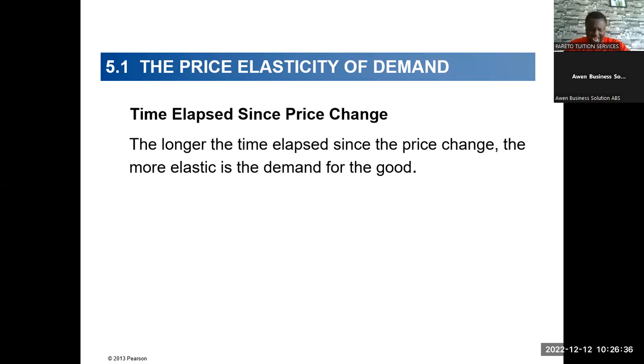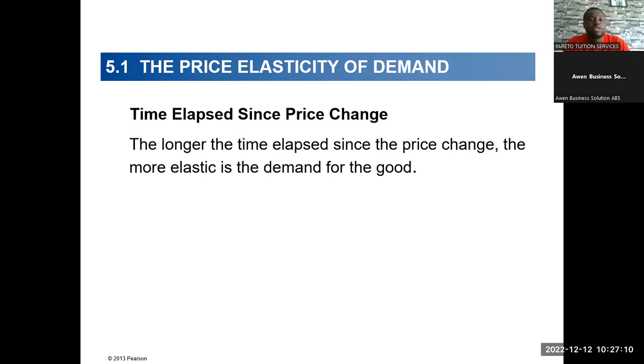Assuming there's no other food, you cannot respond to the change in price. You just have to buy the food like that, which means you were not responsive. So your demand there will be inelastic. But what if you'll be going to buy the food next week, Monday, and today you heard that the pack is now 15 cedis? You have a longer period of time to decide whether you still go there or you check a different joint.